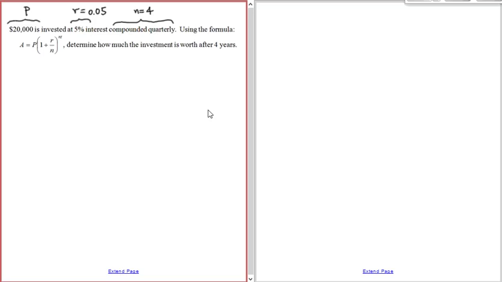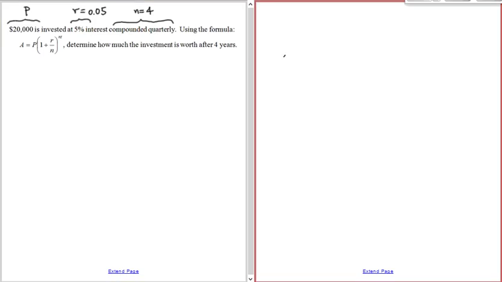Now, we should also remember whenever we say compound annually, that means n is equal to 1. When we compound semi-annually, n would be equal to 2.